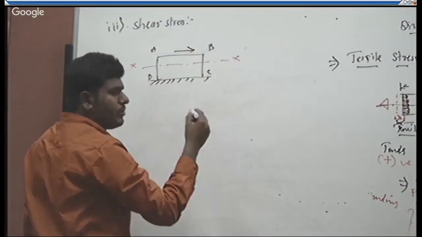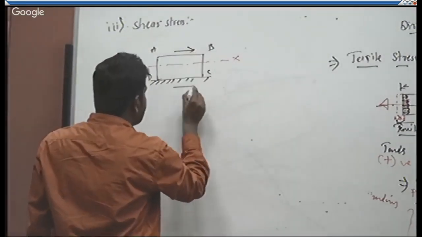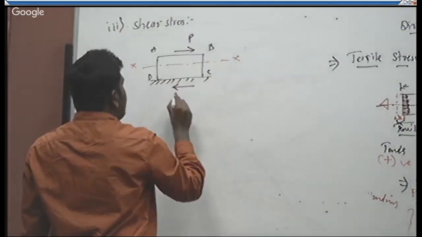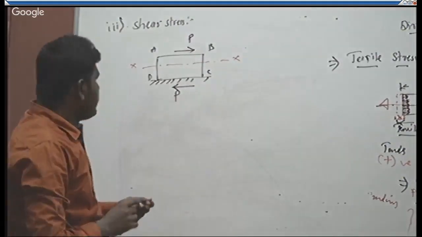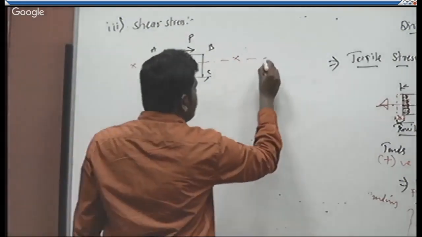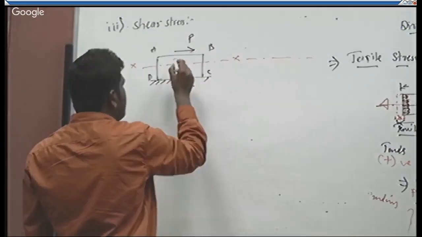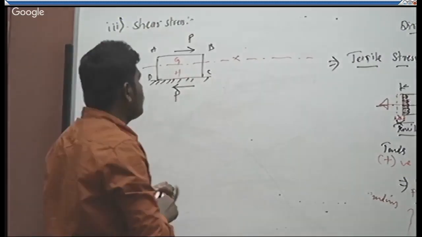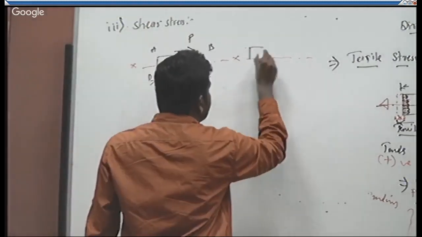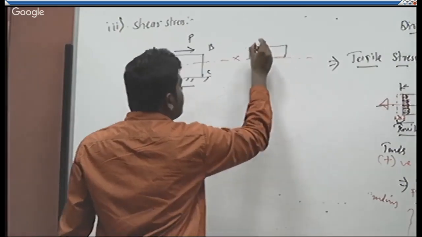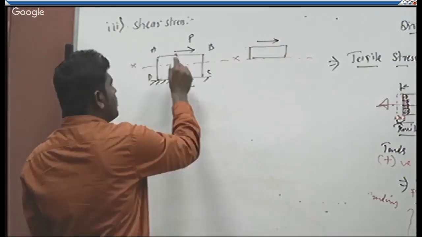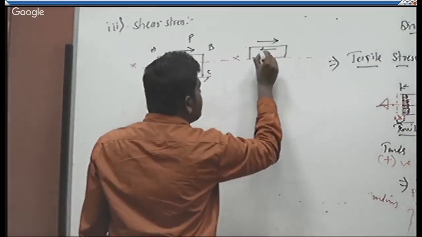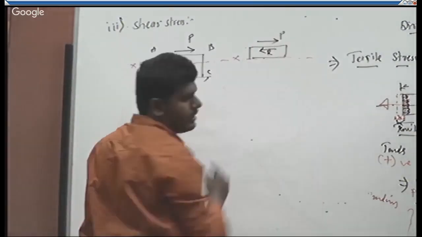To keep it in equilibrium, the bottom surface is subjected to an equal resistance. Okay. Here, if we take our upper part, we'll call this G and this H. Due to the action of this tangential force, the material of this particular part will offer resistance against the applied tangential force.